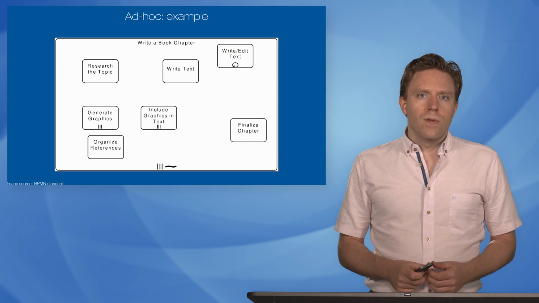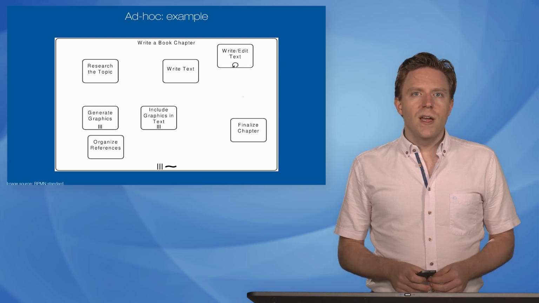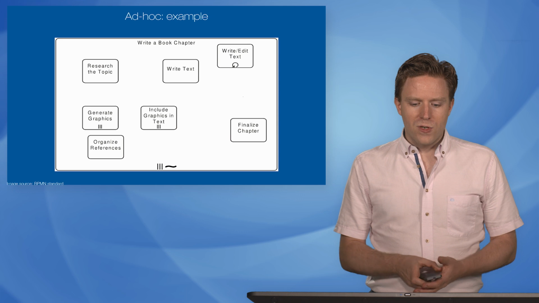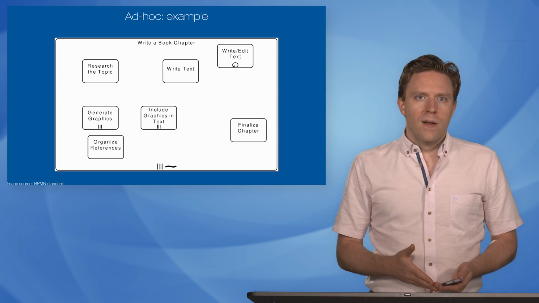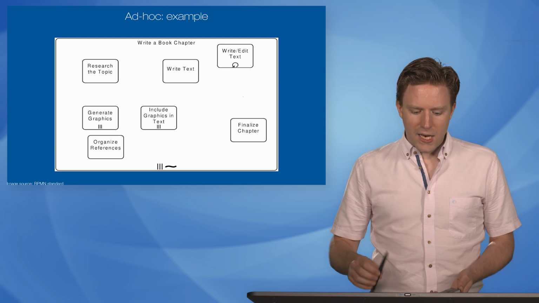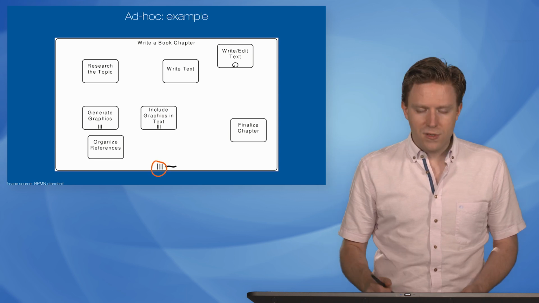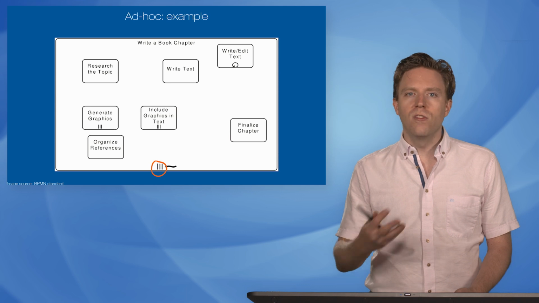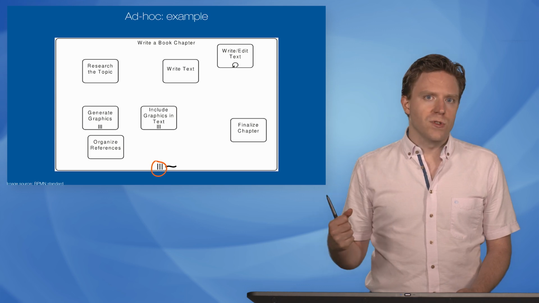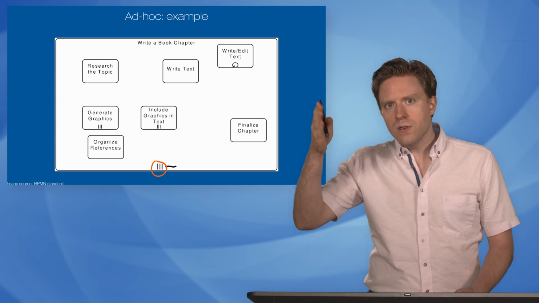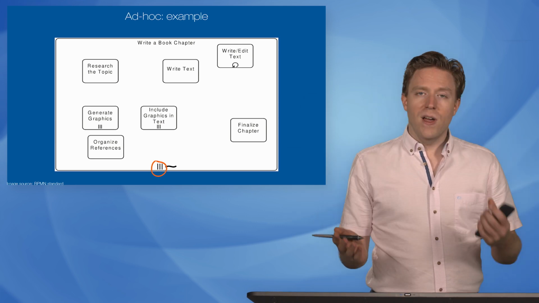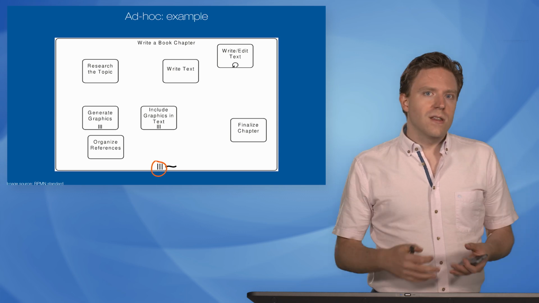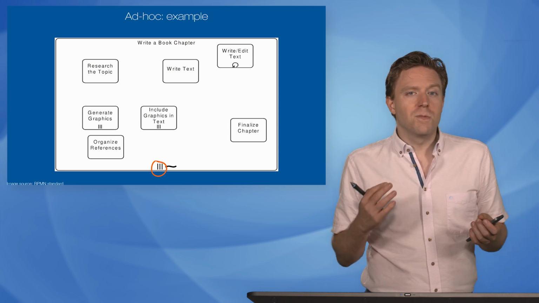Let's look at an example. Here we have a subprocess about writing a book chapter. Now, the first thing to note is that I am writing multiple chapters at the same time. So this is a multi-instance subprocess. Now, writing, if you've ever done it, you know that is not really a business process.